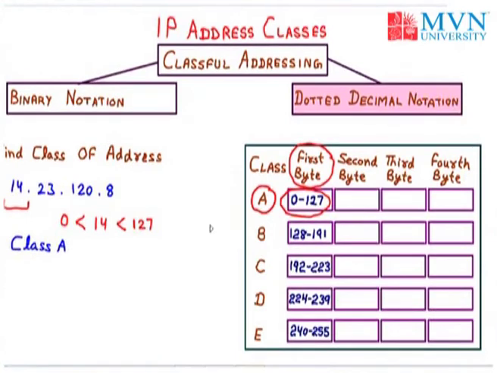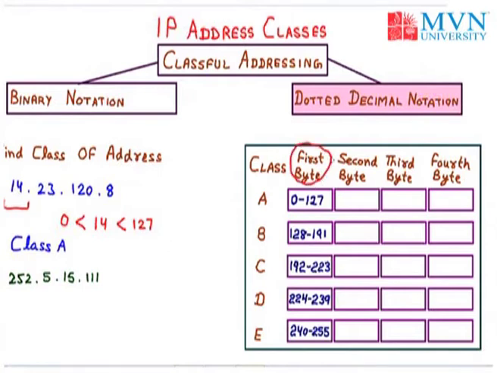Now let's do one more numerical based on the dotted decimal notation. That is 252.5.15.111. Now find out which class this IP address belongs to. We first consider the first byte.